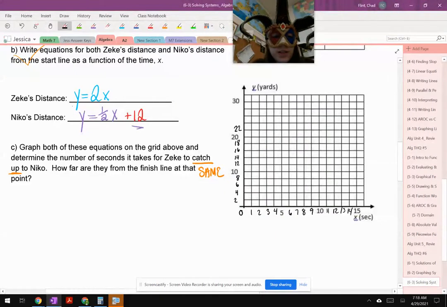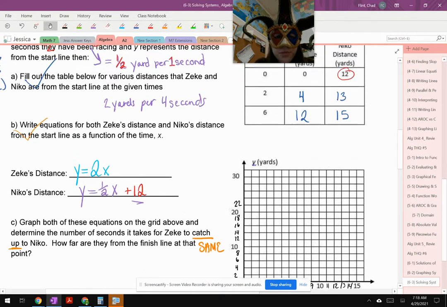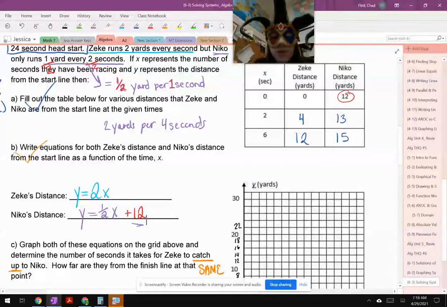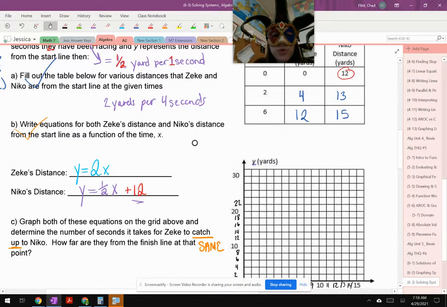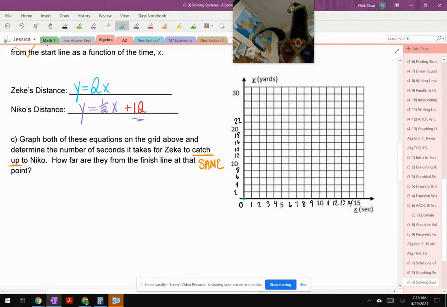So when we look at Zeke's equation and it looks like we have a slope of 2, you would think you get to go up 2 over 1, but not really, because when you go up 1 block, you're really going up 2 yards. So you have to think of this more in terms of what you have. Zeke is going 2 yards every second, which means he's starting at 0, going up 2 yards is 1 block, every second is 1 block.